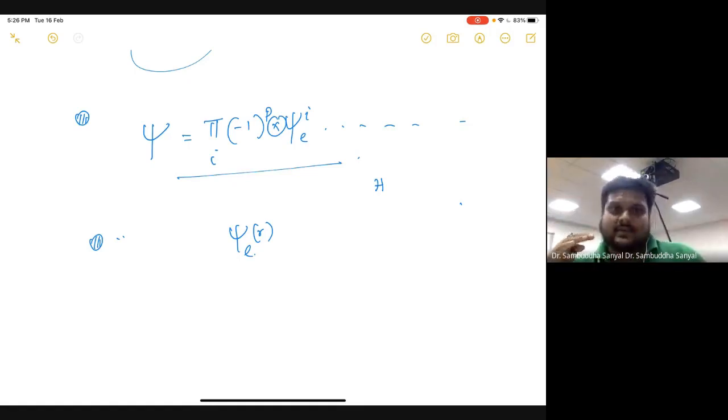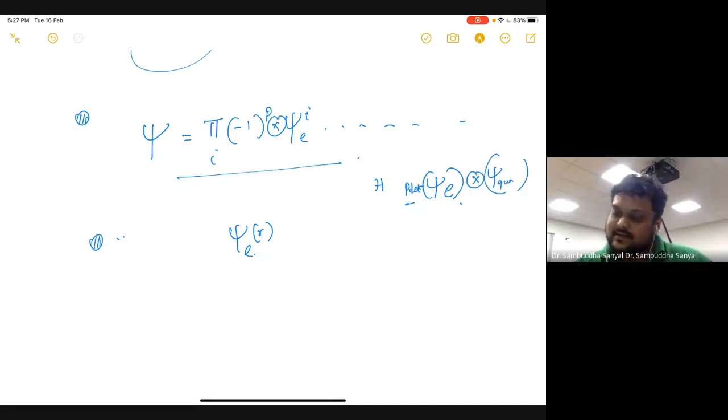All the electrons in the universe are of course indistinguishable. So the wave function of the universe should be the product state of the antisymmetric state of all electrons times the product state of all quarks, like that, right?